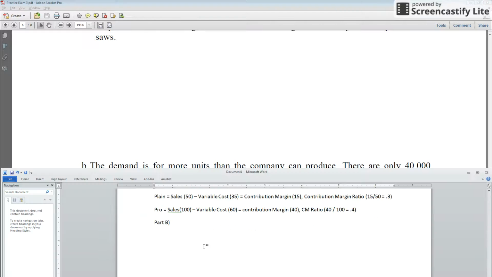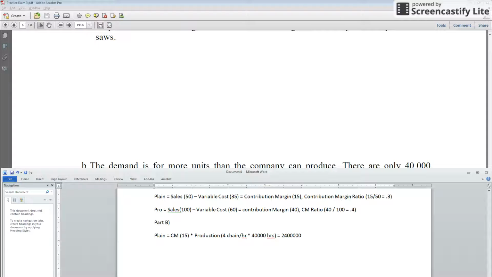So if we calculate that, for the plain, I will have a contribution margin of $15, and the production will be 4 saws per hour multiplied by the 40,000 hours that I have, which gives me a total of $2,400,000.